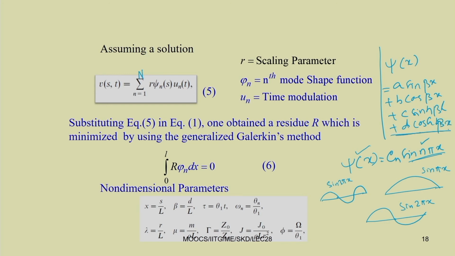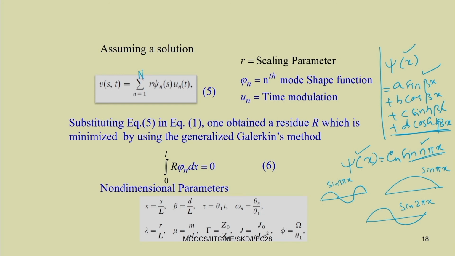Now, by applying boundary conditions, we have 4 boundary conditions and 4 unknown constants a, b, c, d. By applying these boundary conditions, we can find these coefficients, and after finding them, we can know the mode shape of the system.